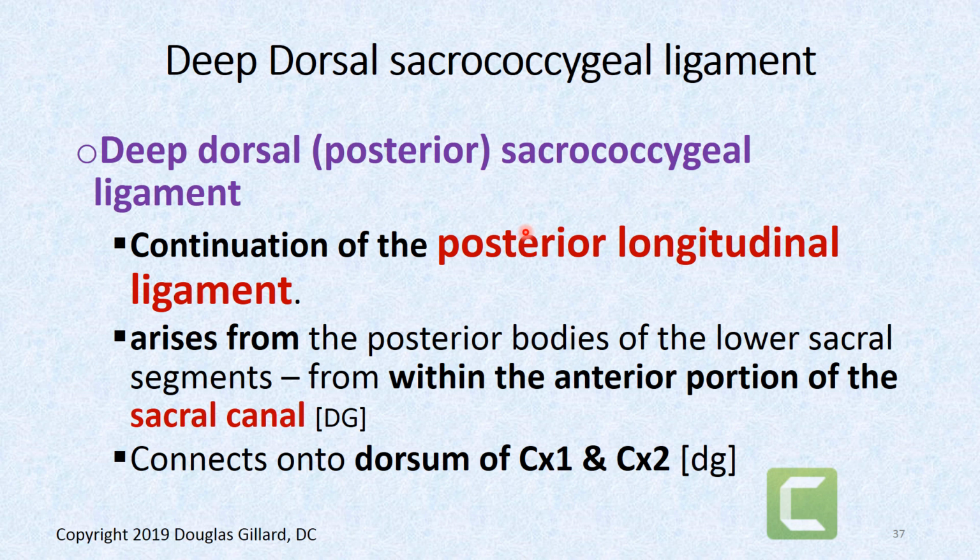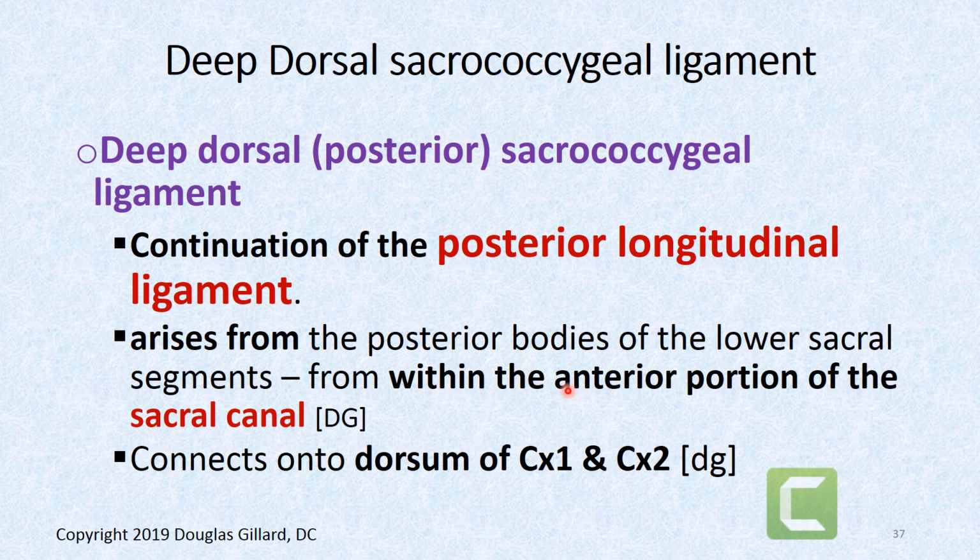Now there's a superficial and a deep posterior sacrococcygeal ligament. This is a continuation of the posterior longitudinal ligament. The deep one arises from the posterior bodies of the lower sacral segments, and that'll mean more to you tomorrow when we start the sacrum.